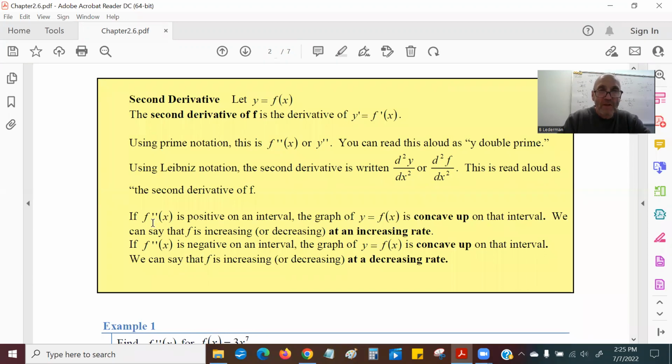So if f double prime is positive, then concave up. And if the second derivative is negative, then it's concave. Oh, this is a typo. It is negative. This should be down. Let me fix that.